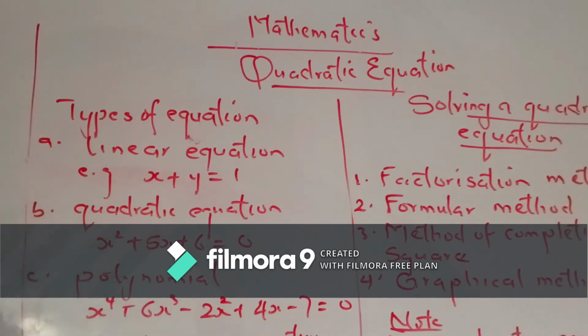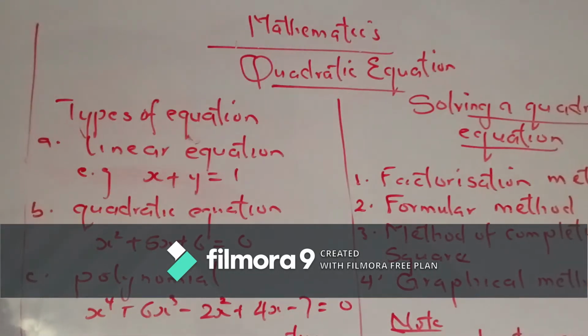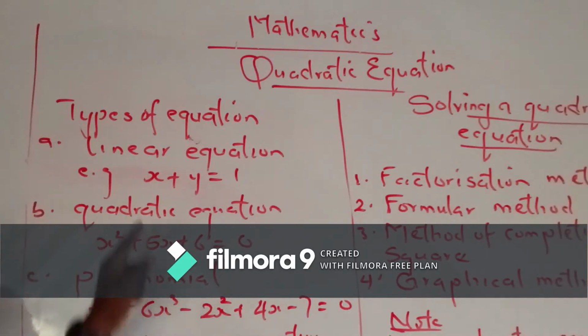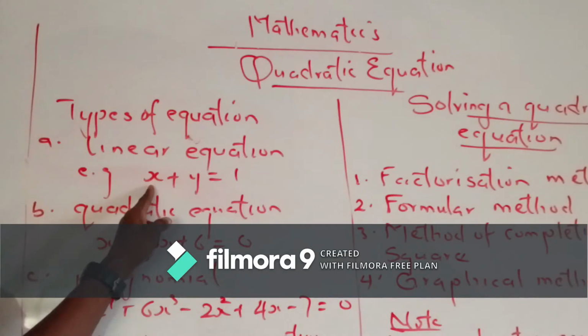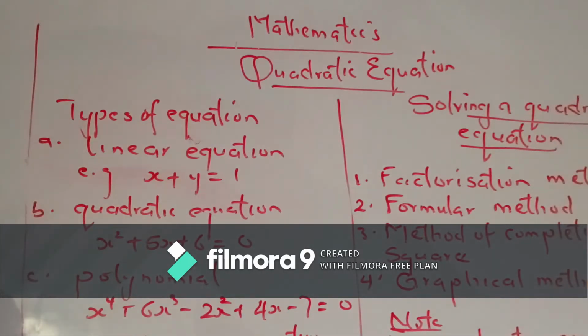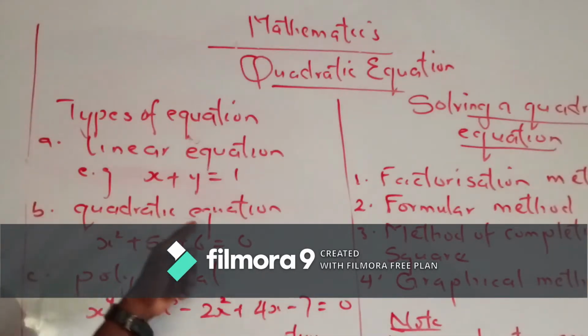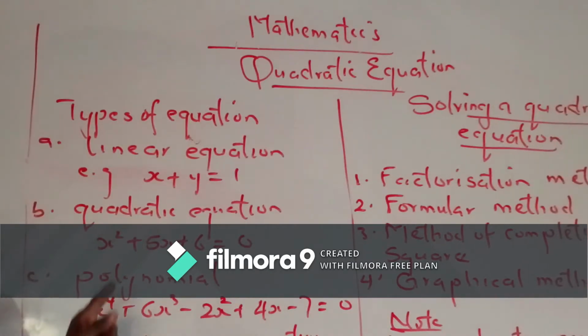We have the linear equation in which the highest power of x is 1. We also have the quadratic equation in which the highest power of x is 2. We have polynomials in which the highest power of x is greater than 2, say 3, 4, 5, 6, and what have you.